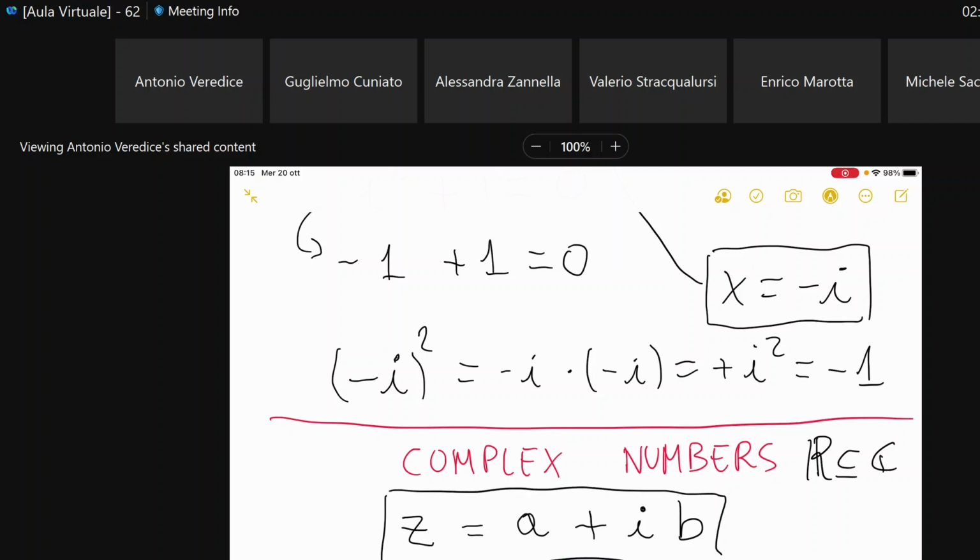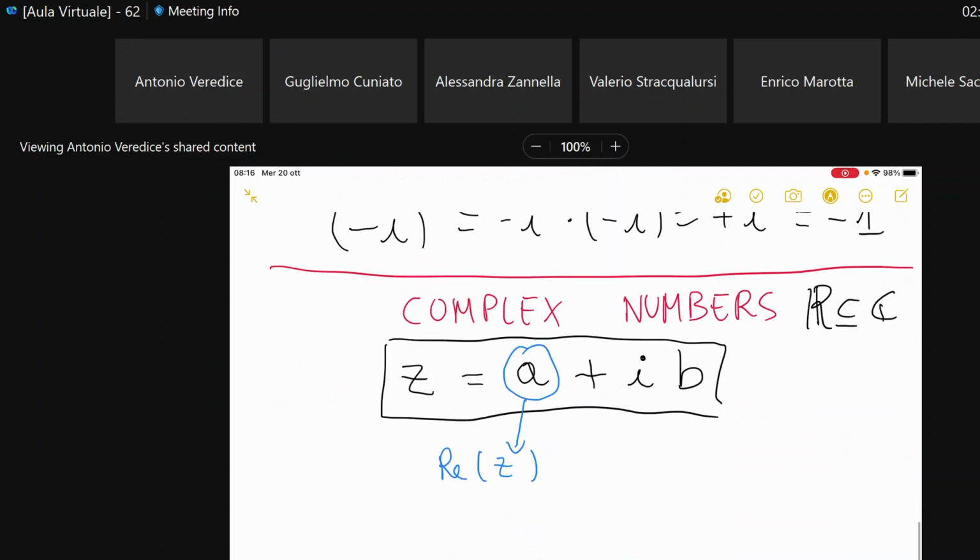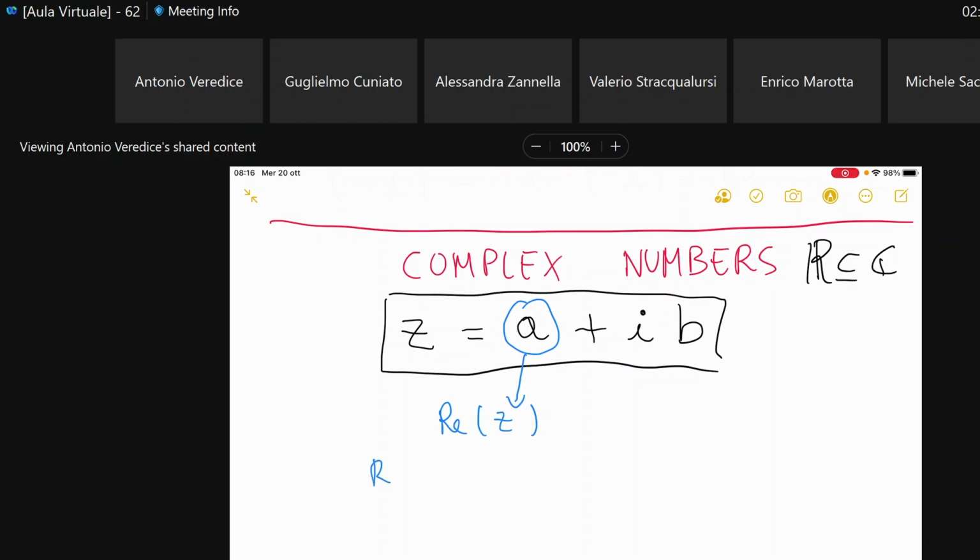A complex number is made up of two parts. One part is called the real part, Re of z. And another part, this one, b, is Im of z, the imaginary part.